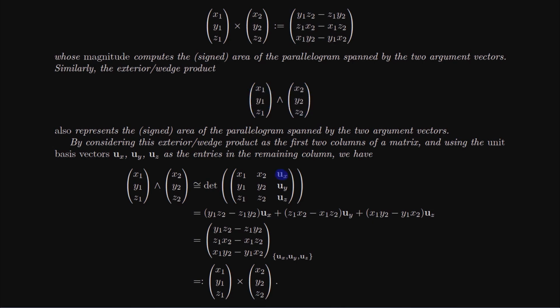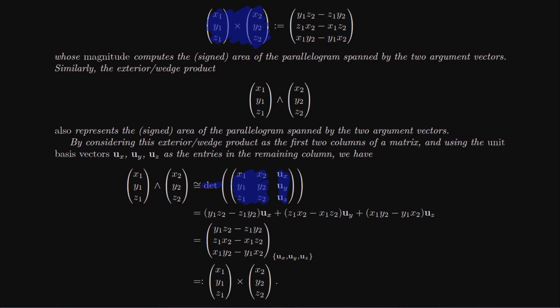So what we do is we include the different unit vector directions: the x direction, the y direction, and the z direction as the three entries in our last matrix, because that's the x, the y, and the z directions of our outputs. At this point, if we compute the determinant of these two columns brought right next to each other along with my x, y, and z directions, we are actually computing the wedge product of the two vectors.